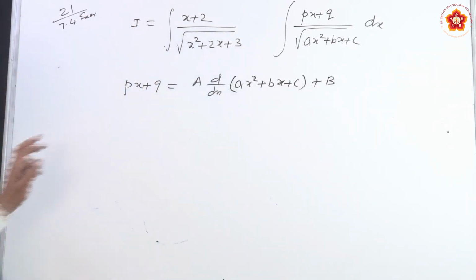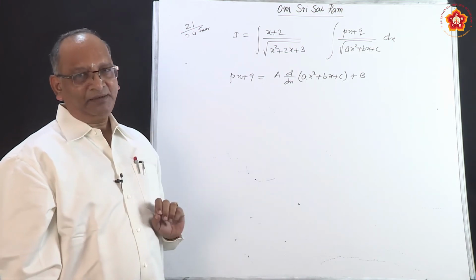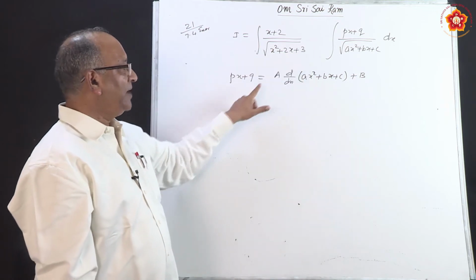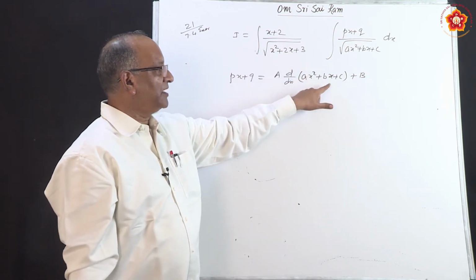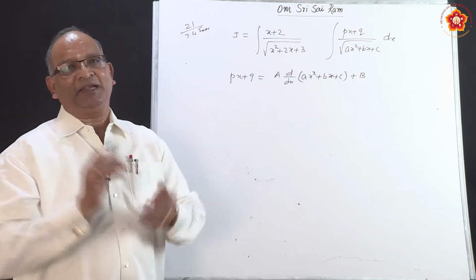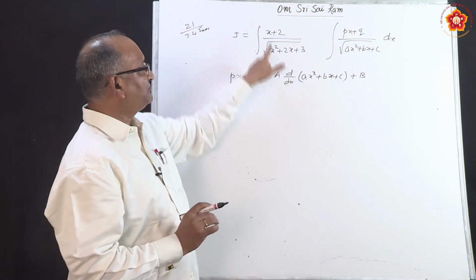If the numerator is a linear polynomial and in the denominator you have the square root of a quadratic polynomial, the method of solving is to write px plus q as a into the derivative of the quadratic polynomial plus b, and find out what a and b are. So, use this for this.